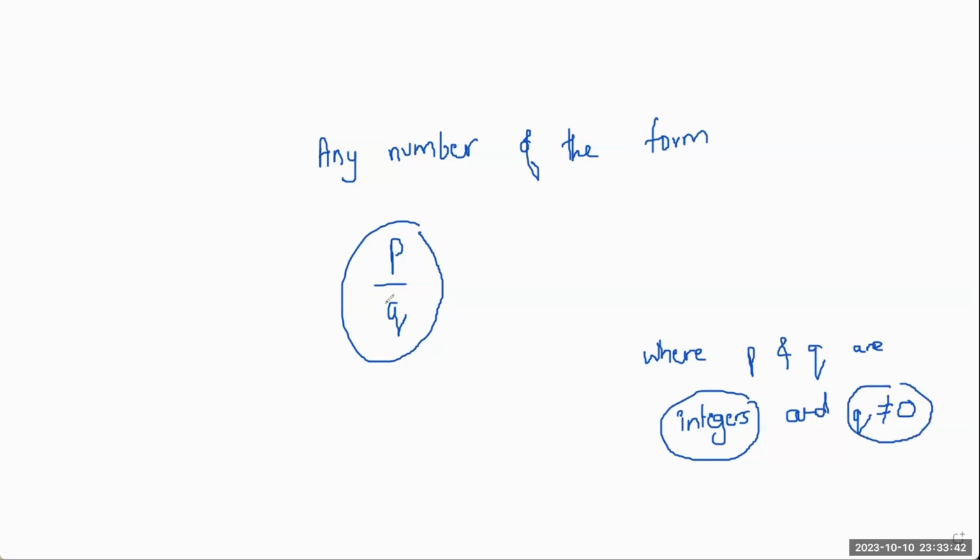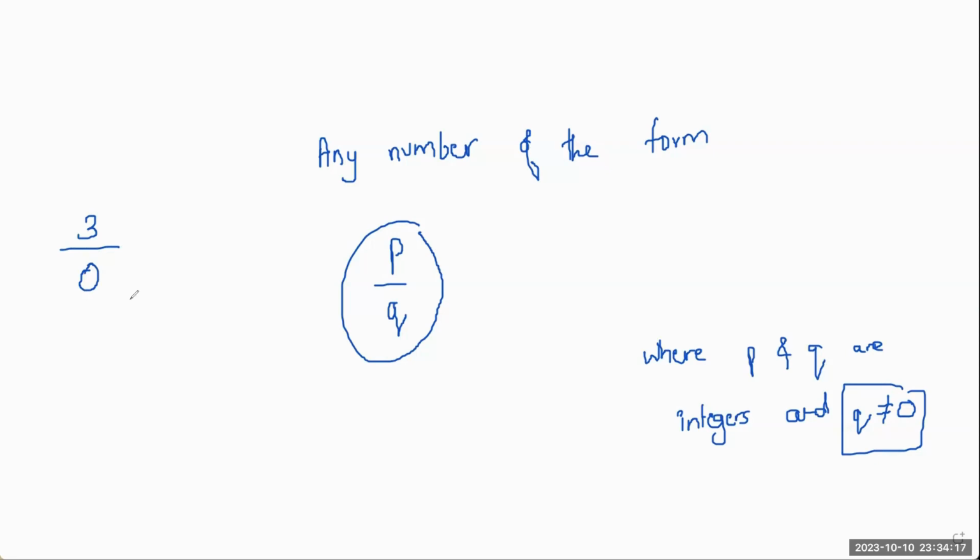What will happen if Q becomes 0? See, the condition says Q should not be 0. For example, let's say I select P as 3, but in Q I select 0.